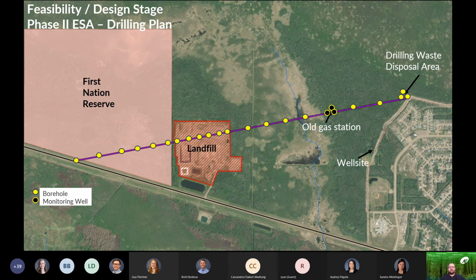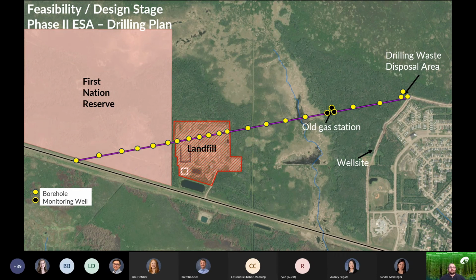For this scope, the Phase 2 ESA is based on the road design with a focus on the depth of the excavations required for the road construction, with thorough sampling to understand the soil quality of the soils that are going to be handled. The Phase 2 ESA can also be used at the same time to assess the topsoil depths for later salvaging. And around the apex, you could have some deeper boreholes and monitoring well installations to fully assess those particular areas.